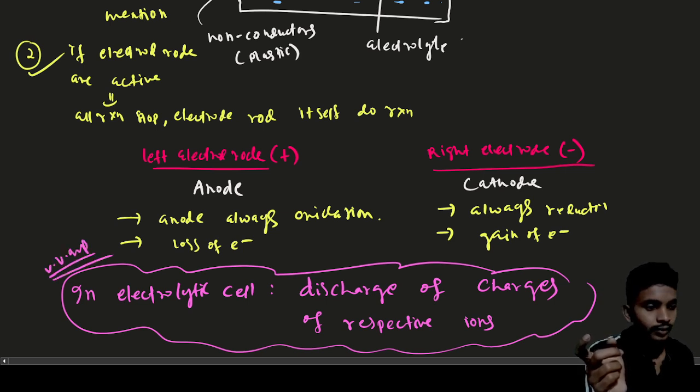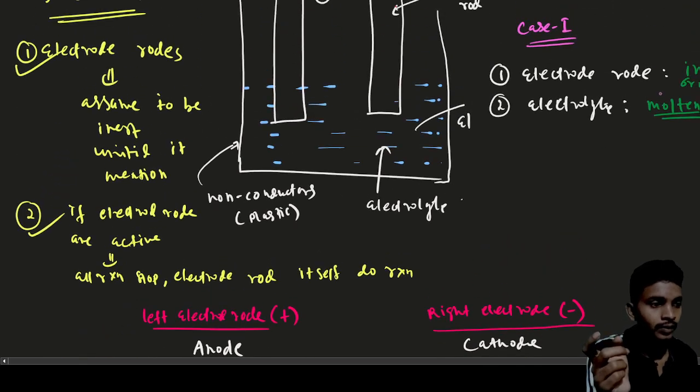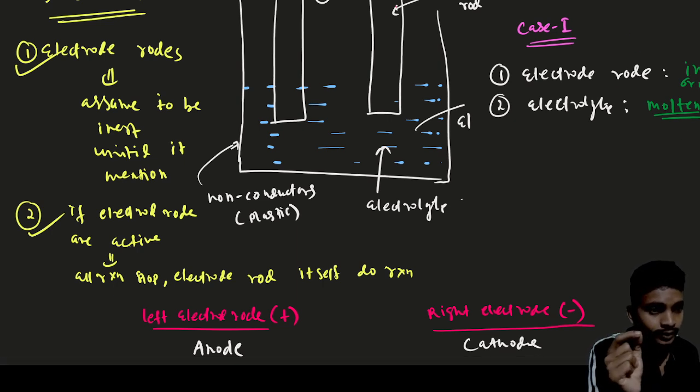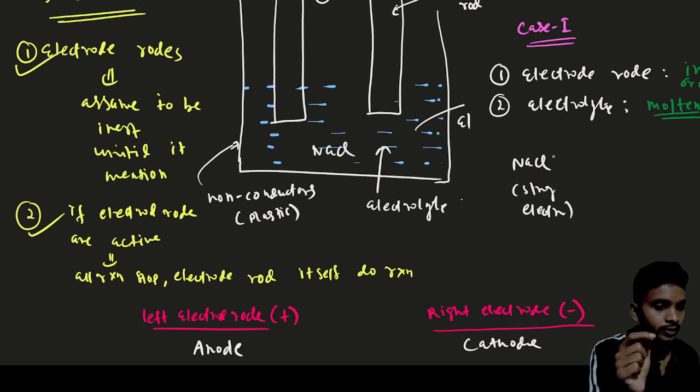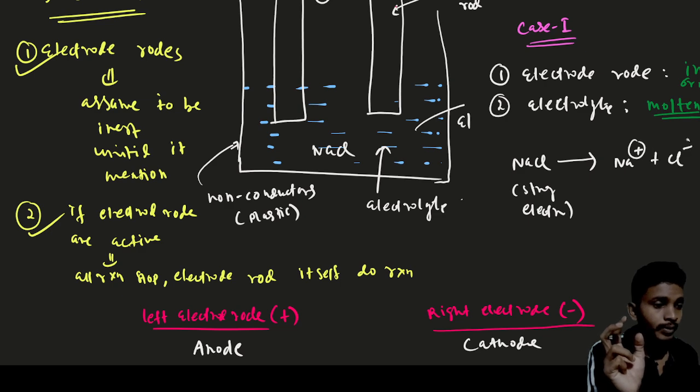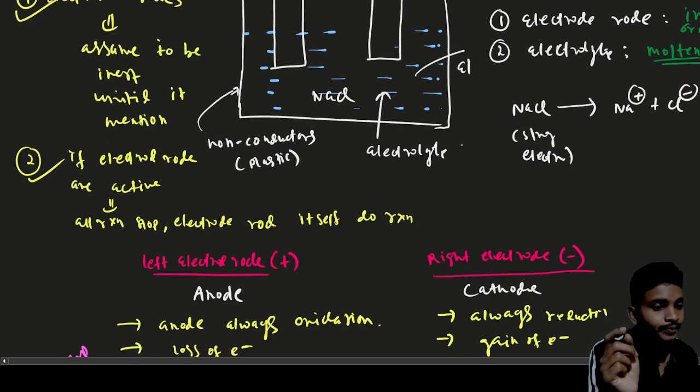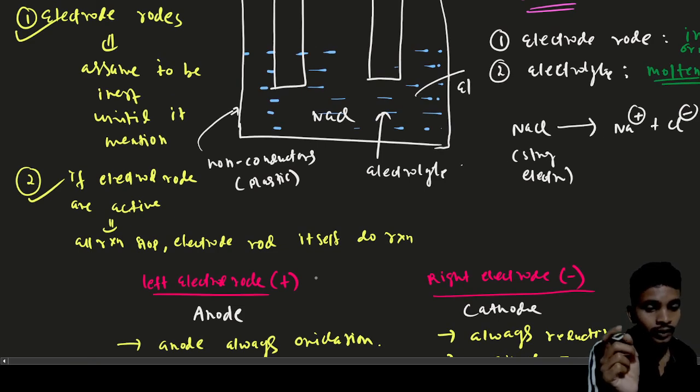If you take molten NaCl, meaning only NaCl is present, this NaCl is a strong electrolyte. A strong electrolyte has the characteristic of dissociating completely, so it will dissociate into Na+ and Cl-.